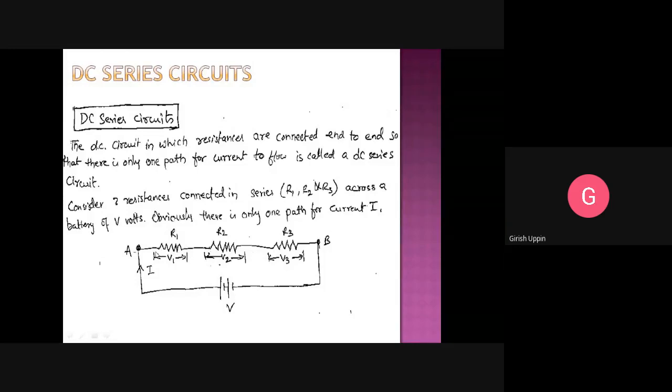If they are connected end to end, meaning one end of a resistor is connected to the next end of the next resistor, and this complete series combination is connected across a voltage source, then we call it a series circuit. The DC circuit in which resistances are connected end to end so that there is only one path for the current to flow is called a DC series circuit.